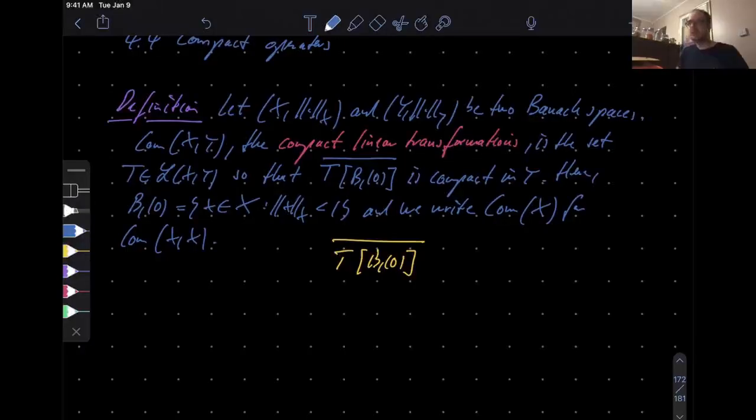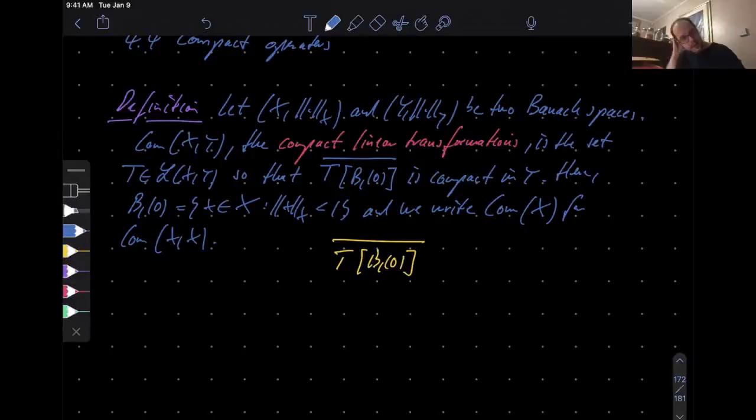In finite dimensions everything is boring, because a linear map between finite dimensional spaces is bounded, as we discovered in the very first week, and what I just said is that it would also be compact. So in linear algebra, there's no need to study compact linear transformations because everything is compact.